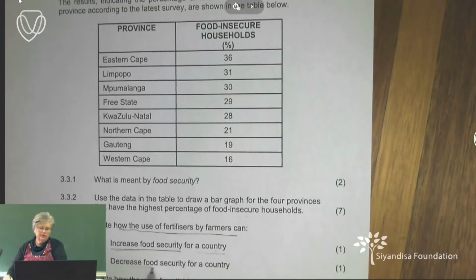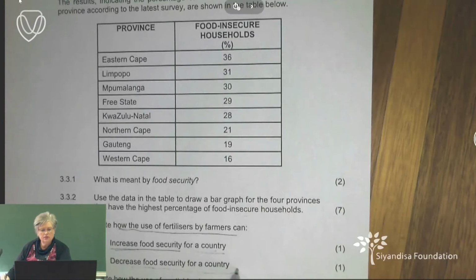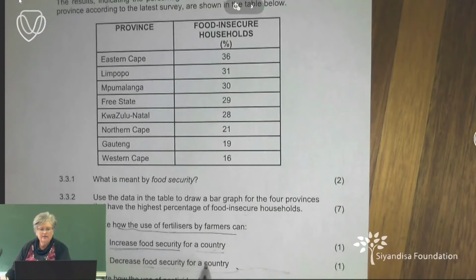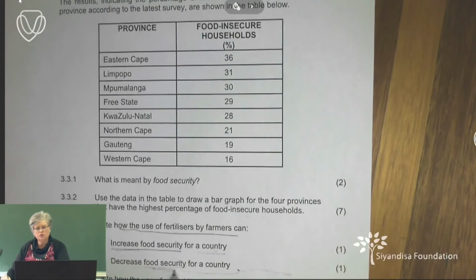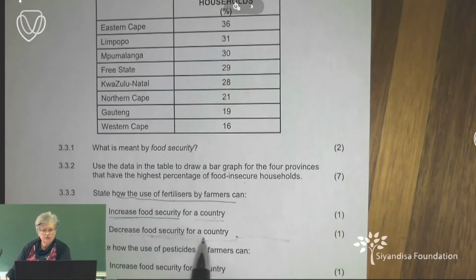Because too much fertilizer can get into the groundwater, and then it influences algae growth and destroys natural habitat. The next one is that because of the use of fertilizers, food gets more expensive, because it costs more to produce the food, and so the poor can't afford the food. So these are 2 reasons why.